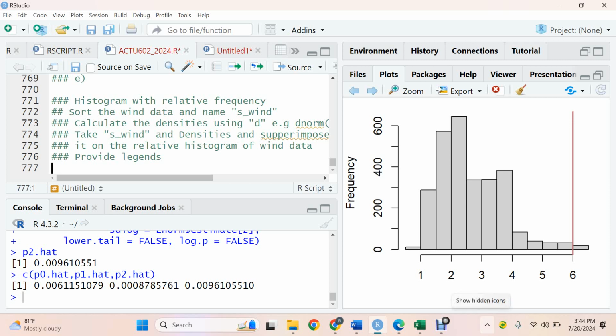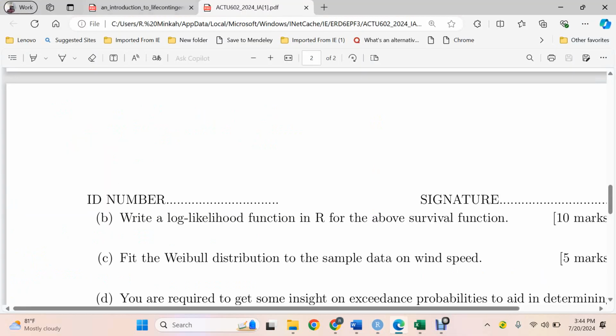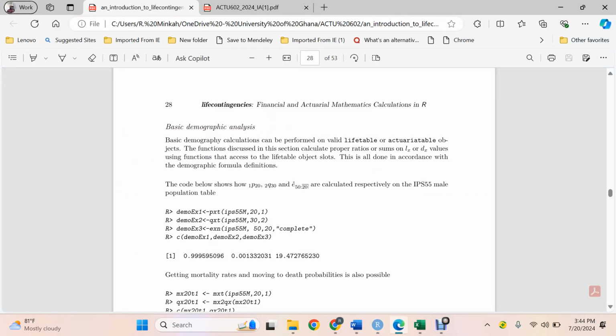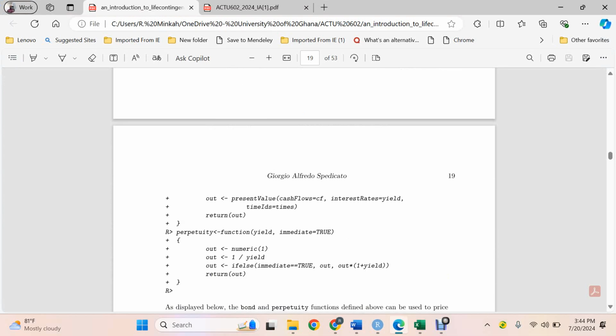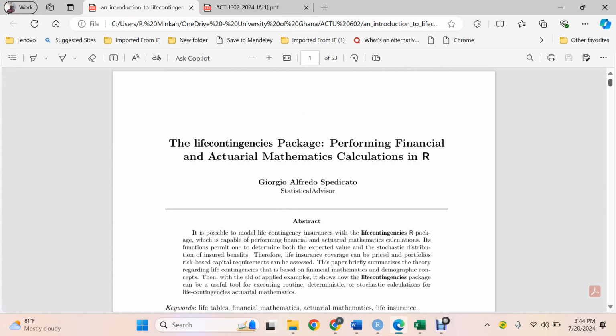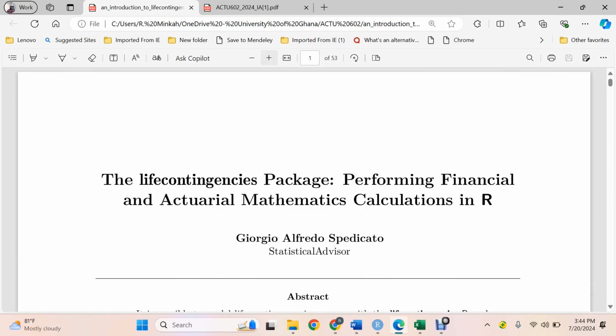And I sent this introduction to life insurance. Please go through it. If you look at it, this is a paper I give to people every year. It's about the package for life insurance. You are still doing life insurance, so please compare the things that you are doing.